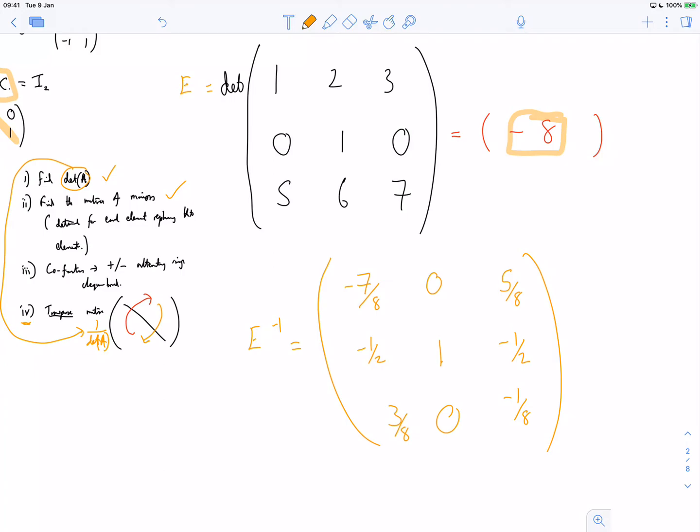And I'm going to have minus 7 over 8, 0, 5 eighths. Oh, that's a 0. That's 5 eighths. This is minus 0.5 or a half. That's 1. That's another minus a half. 3 eighths. This is 0. And this is minus 1/8.